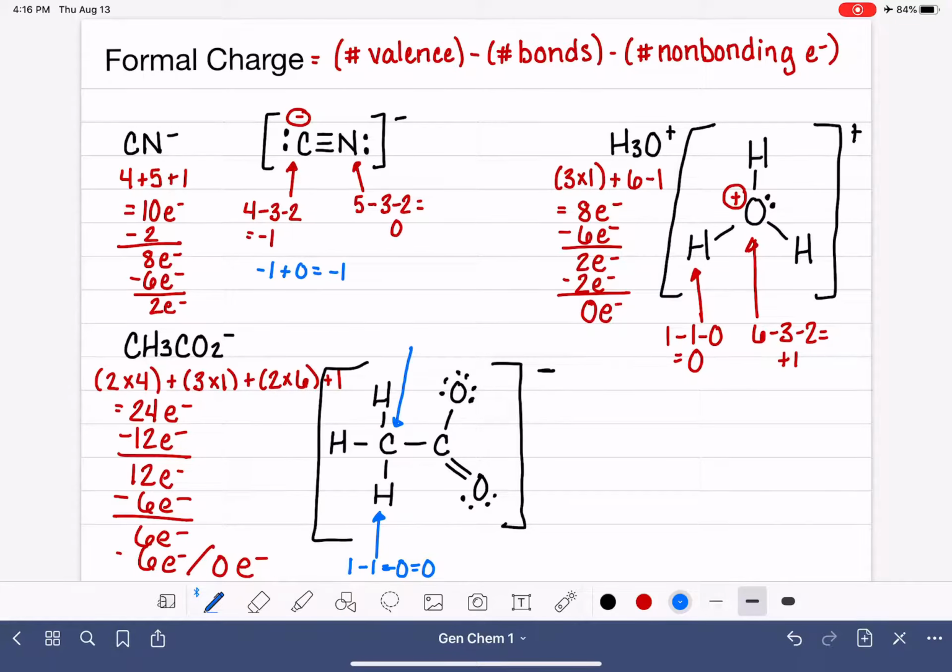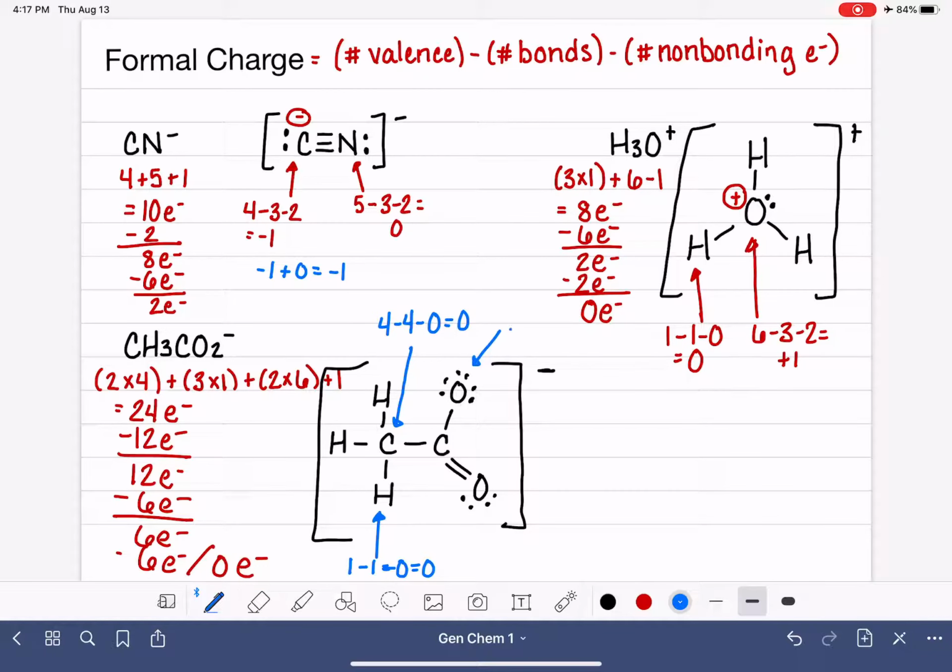So we have to calculate the carbons separately. 4 valence electrons for the carbon minus 4 bonds and 0 non-bonding. So that's another formal charge of 0. So far we're looking good. Let's do this oxygen right here. Also, the 2 oxygens are not identical, so they each have to be calculated one at a time.